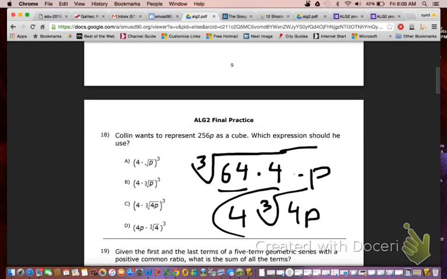Yeah, and then this is the cube root. So this cubed, the whole thing cubed, would be equal to 256p. So it is equal to this. It has to be. Okay?